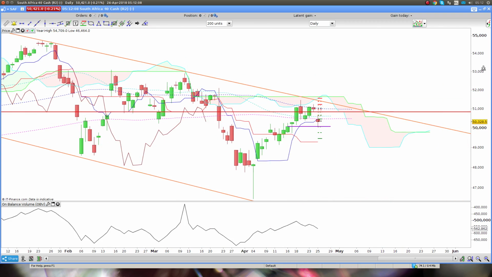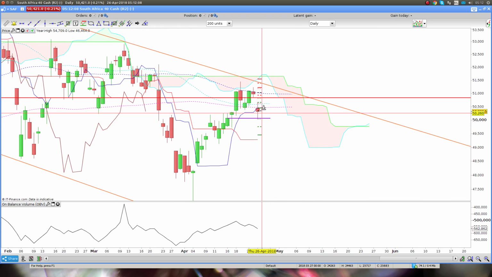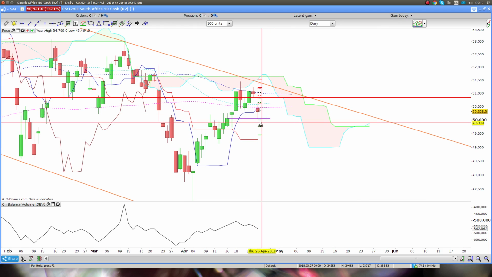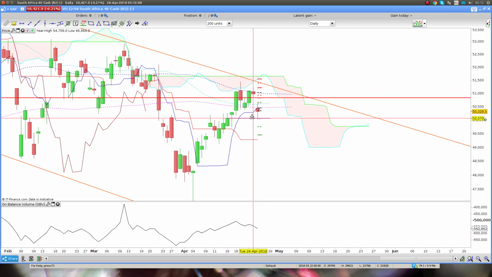Now, the very interesting thing for me is that we have a pretty solid range bar. I really enjoy these range bars when the tails are equidistant from the body. So I'll give you an example.